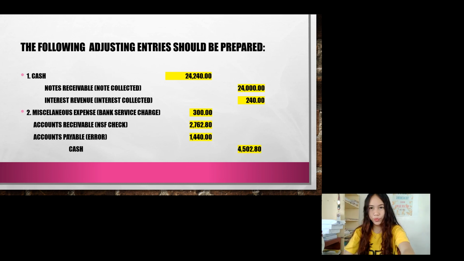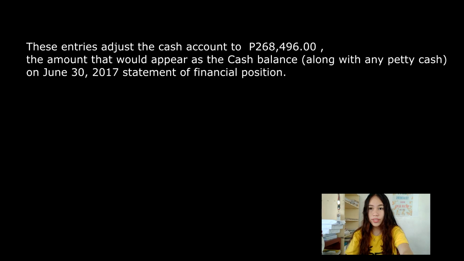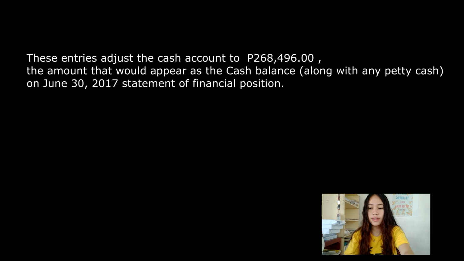These entries adjust the cash account to 268,496 pesos, the amount that would appear as the cash balance along with the petty cash on the June 30, 2017 Statement of Financial Position.